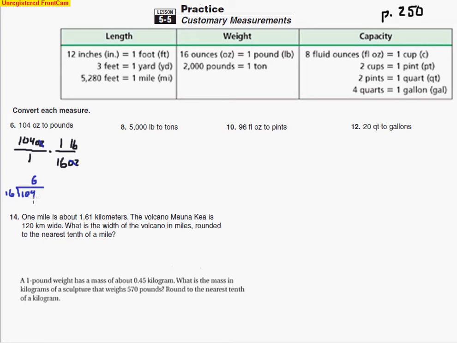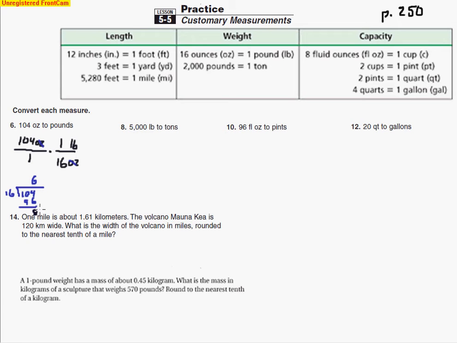6 times 6 makes 36, and 6 times 1 makes 6, plus 3 makes 9. That was pretty close, so we can subtract and see what's left over. We borrow, and we end up with an 8 left over.